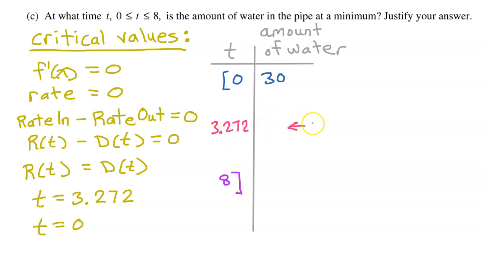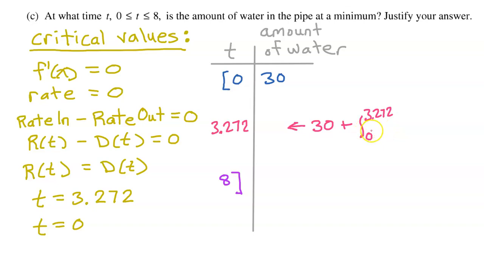I'm going to have to start with the initial amount of water, 30 cubic feet, at time t equals 0. And then I need to add the amount of water that entered the pipe from time 0 to time 3.272.